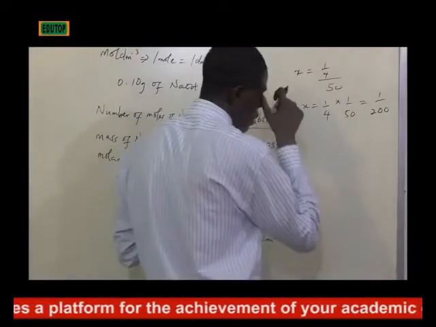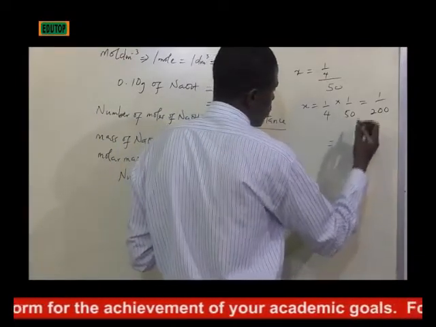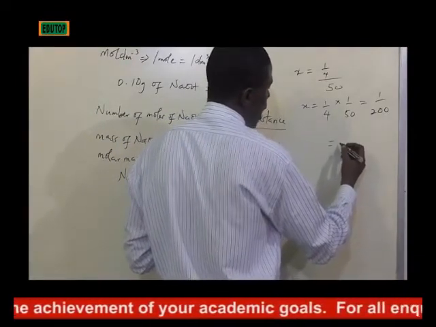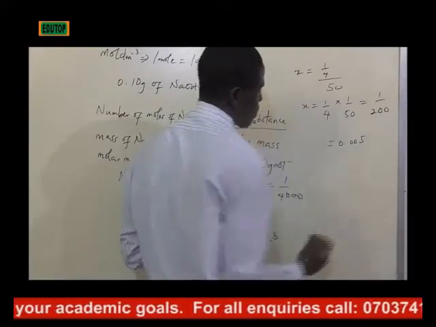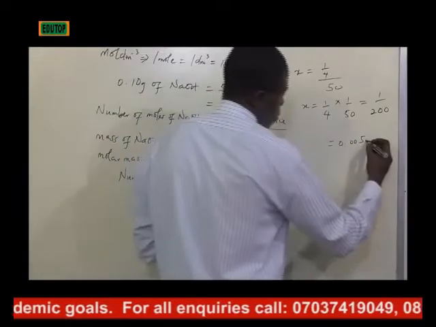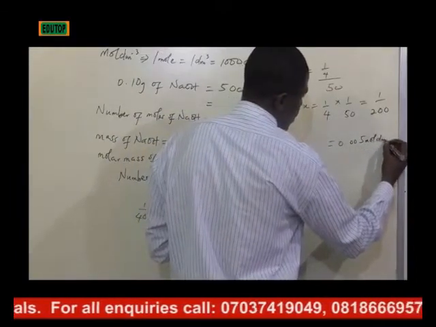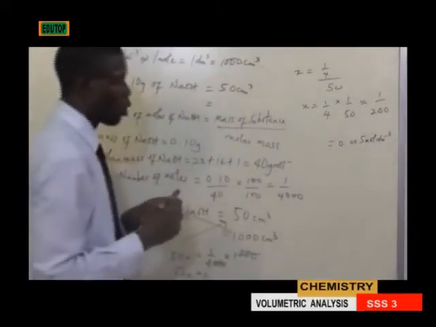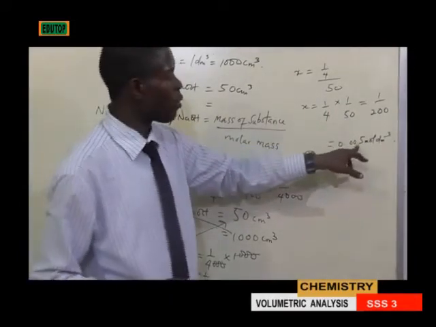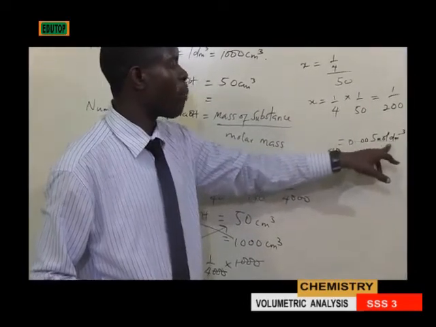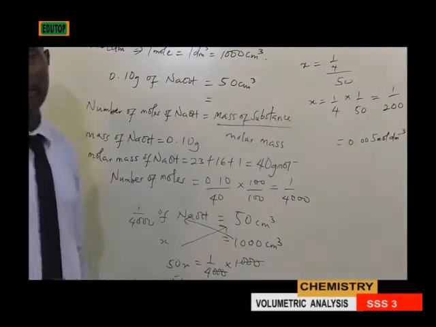And 1 over 200 is automatically the same as 0.005 mole per dm cube. So in a nutshell, 0.005 mole per dm cube is the answer. Question number 3.